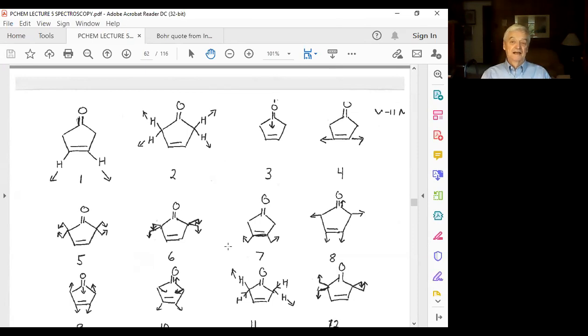Last year I had a bunch of students do calculations of molecules for an honors section of PChem. And so I'm going to share some vibrations of some other molecules right now so you can see what vibrations of polyatomic molecules look like. So I'll stop the share and I will share the screen again.